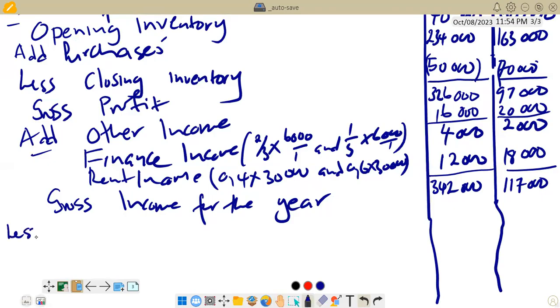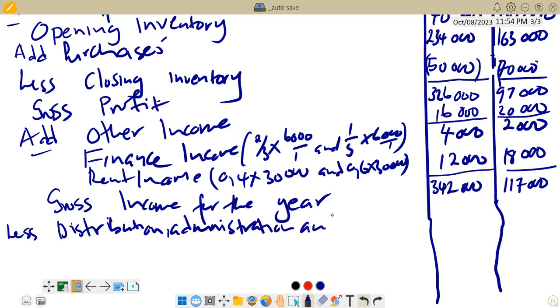So here we are saying less distribution, administration, and other costs. We are lessing. Let's take note of that. So you are subtracting. So we are going to check on those costs that fall under that category.